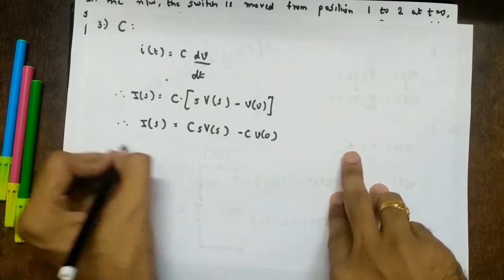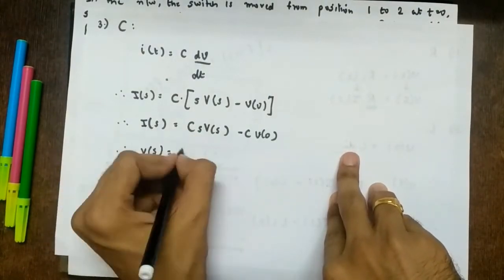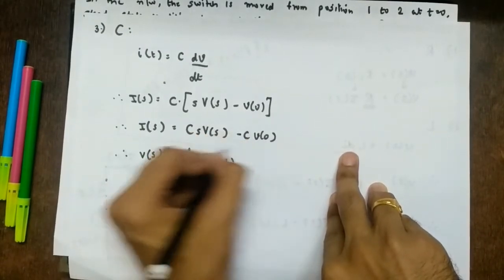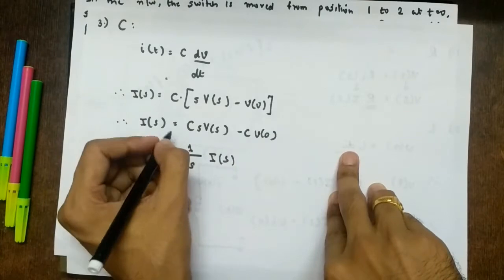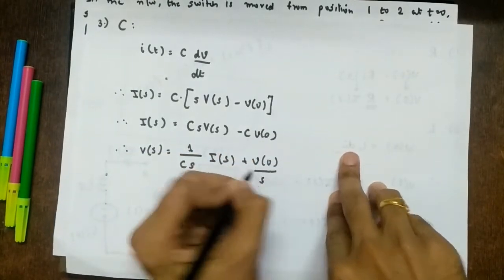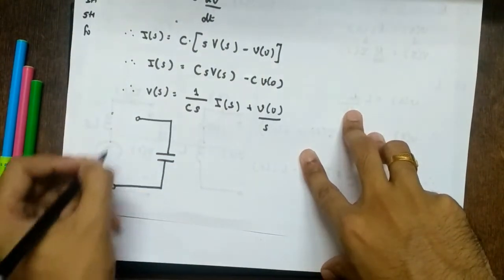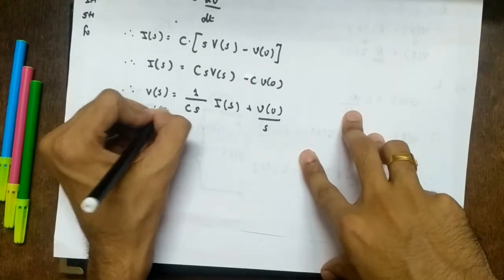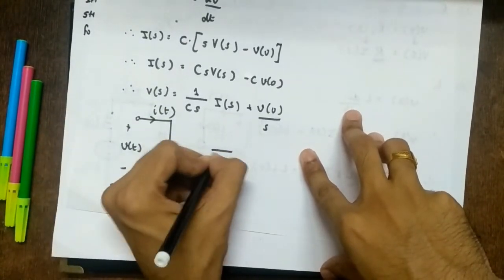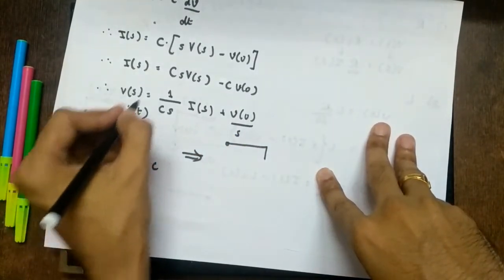But we are more comfortable with KVL, so write the KVL equation. If you solve this, V of s will be 1 upon Cs times I of s, plus C V of 0 upon Cs, so plus V of 0 upon s. So what is happening here? If I have a capacitor with current I of t, capacitor value C, and voltage V of t, this becomes V of s.